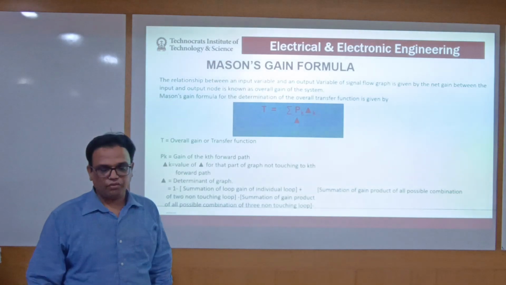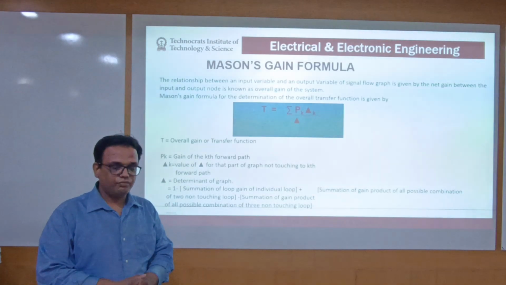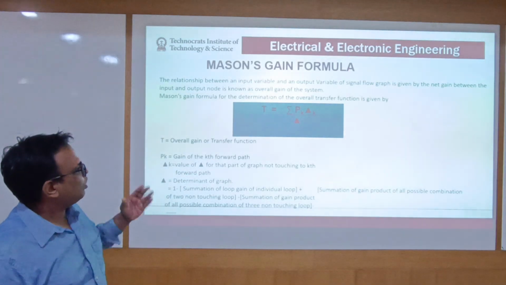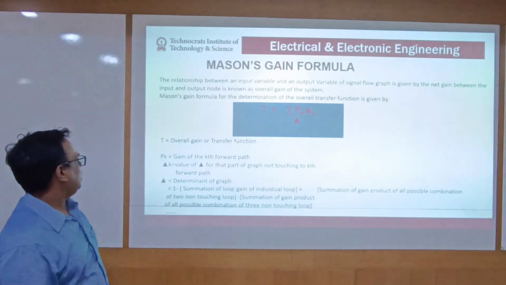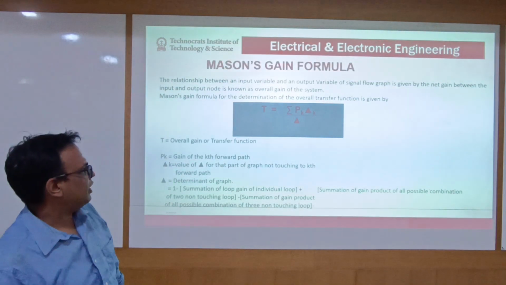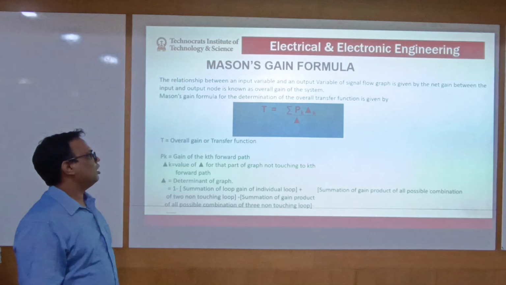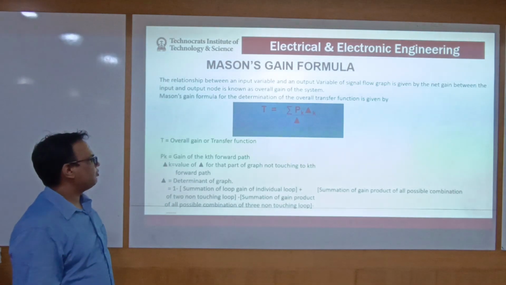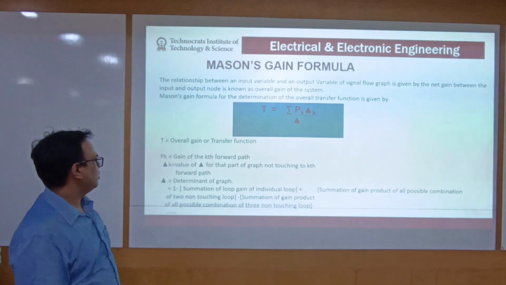Now the Mason gain formula. The Mason gain formula for the overall transfer function is T equal to summation of Pk delta k upon delta. In this formula, Pk is the gain of the kth forward path.